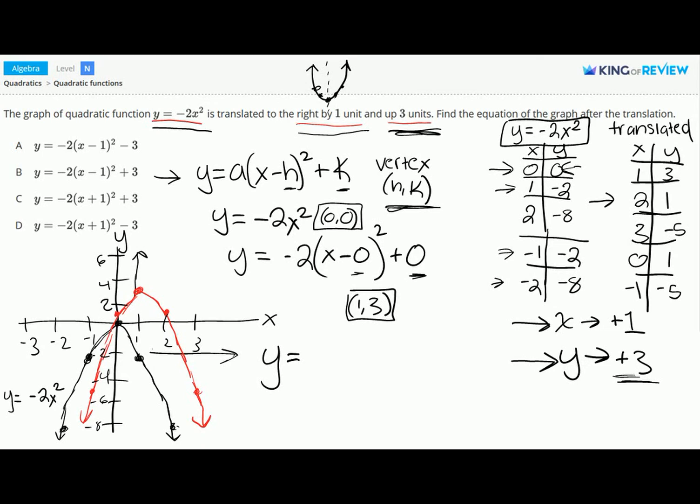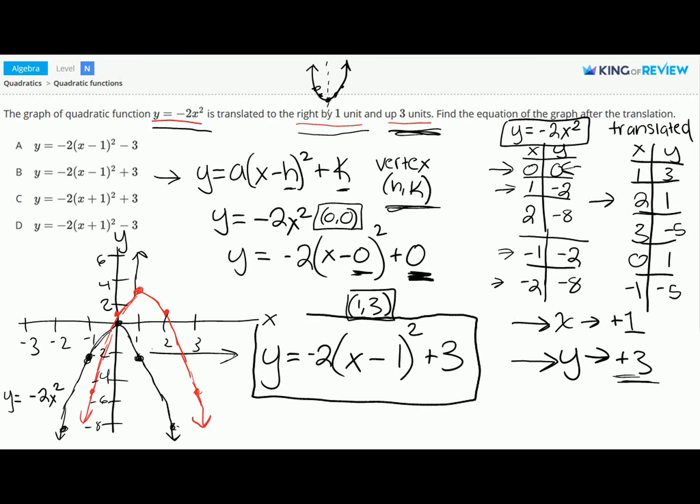So we have y equals negative 2 times x minus 1, because we added a 1 to this 0 here. This is squared plus 3, because we added a 3 to 0 here, which was our k value. So we have y equals negative 2 times x minus 1 squared plus 3. And this is the equation of our translated function.